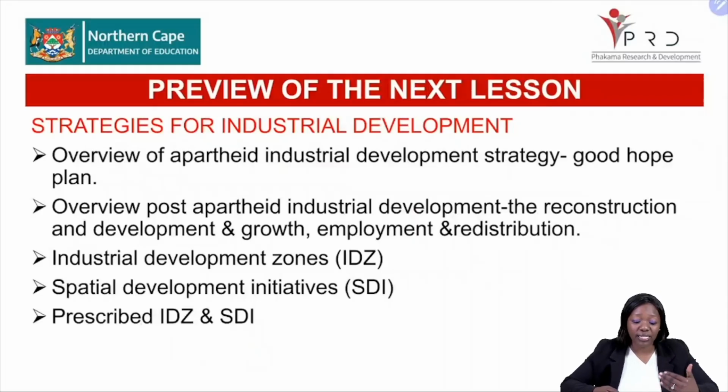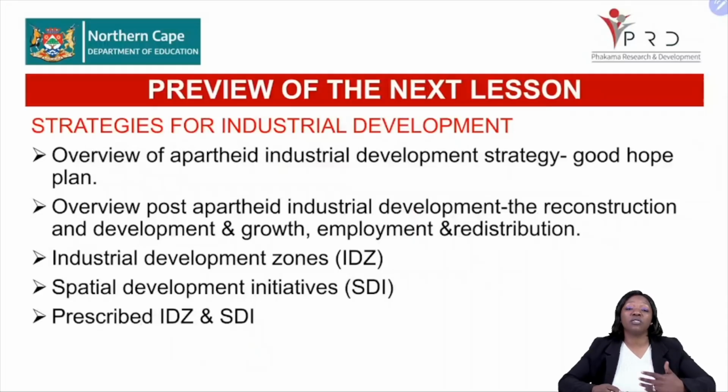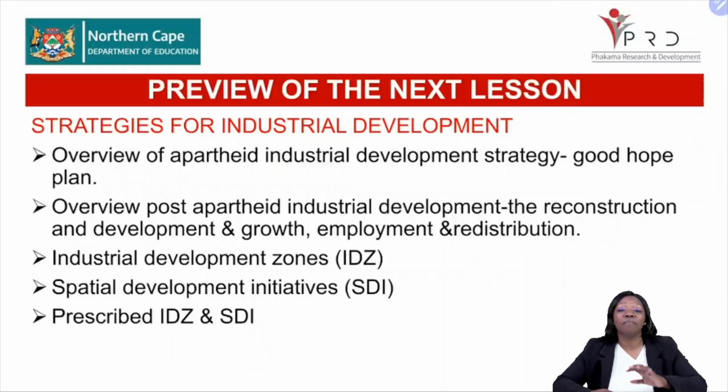We're going to look at the industrial development zones, the ones that we call IDZ. We'll be looking at the spatial development initiatives, the ones that we call SDI. Remember, there are so many IDZs as well as SDIs. Then we're going to focus more on the prescribed IDZs as well as your SDIs.